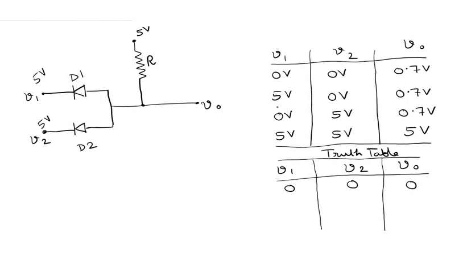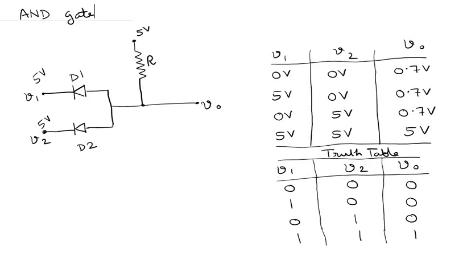The second statement, high in V1 and low in V2, gives us low in V0. The third statement, low in V1 and high in V2, also gives me logic 0. And the fourth statement is high in V1, high in V2, and this gives us logic high at the output. So this truth table corresponds to that of an AND gate. So this is basically an AND gate.